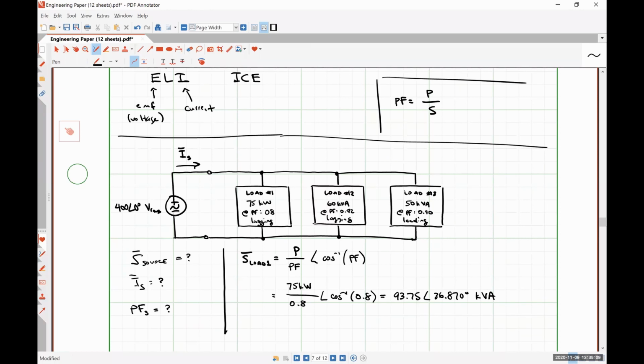So we were able to determine the complex power absorbed by that load, never knowing the current or the impedance. Wasn't necessary. Power factor is a very important piece of information that we could know.